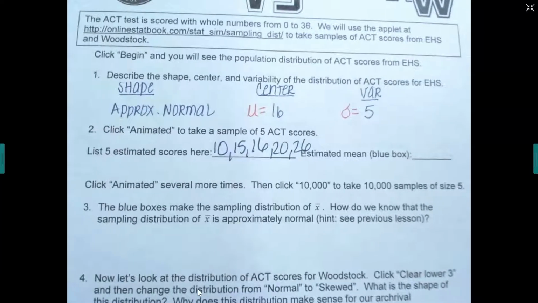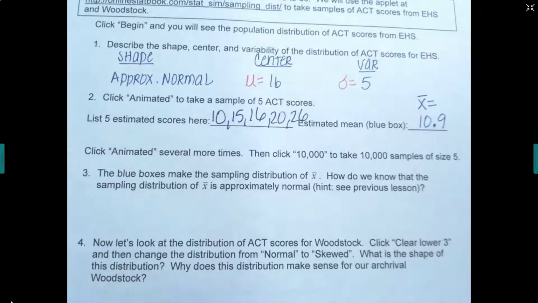Alright, so take a second to get this mean. Well, hopefully that doesn't actually represent our Etowah students. That's a pretty low mean for an ACT score. 10.9 is what I got.